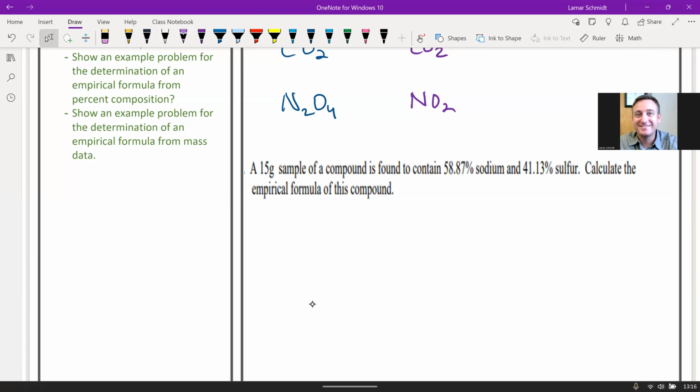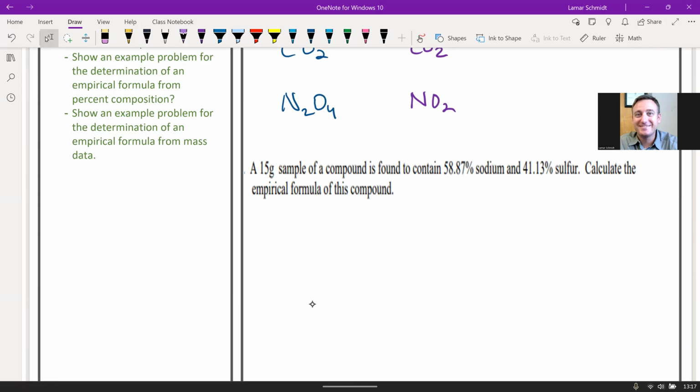That's the assumption we're going to make in this context, because we're also trying to find the empirical formula. You're not going to try to find the empirical formula of an impure substance. That's not going to ever happen. Because we know something about the composition of elements of pure substances, what do we know?